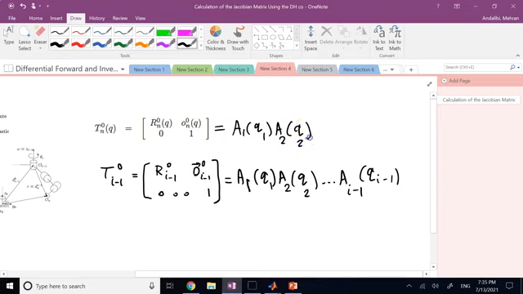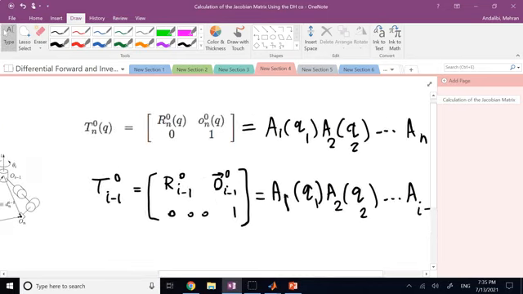Correct? So depending on where we stop multiplying them, we will get the T for that frame with respect to the base. I have all of these A's from the DH method and DH table, so I can multiply as many as I want.